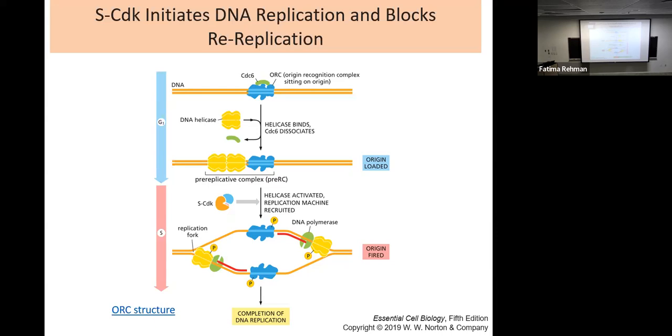It's only going to do it once. So it started the whole process of DNA replication, but once replication starts, it phosphorylates those origins of replication so that they cannot be activated again. And so in each cell cycle, you only get replication once. Make sense? So it's doing two things: starting the process and then preventing it from happening again and again, just once.